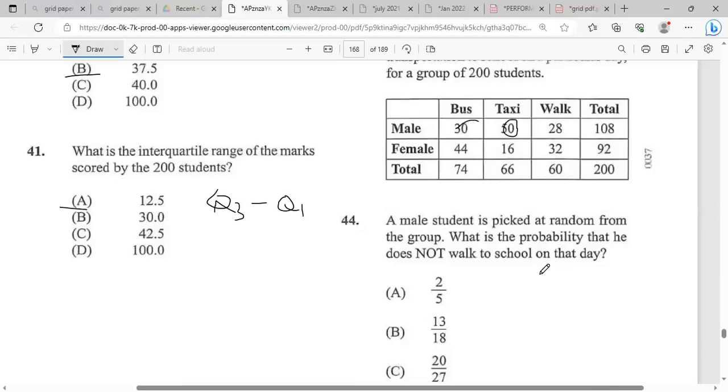That'll be 80 over 108. So 4 goes into this 20, and 4 goes into this 27, so that's 20 over 27.